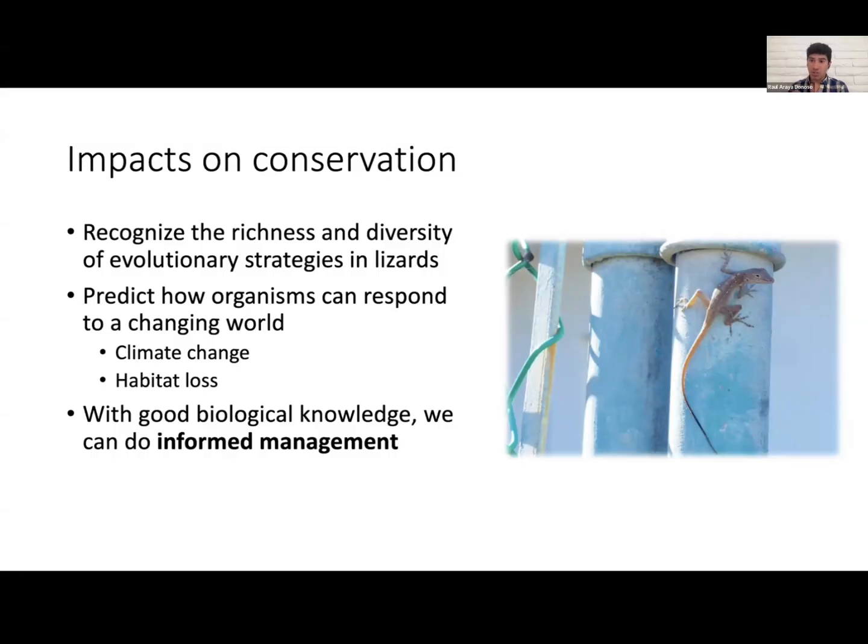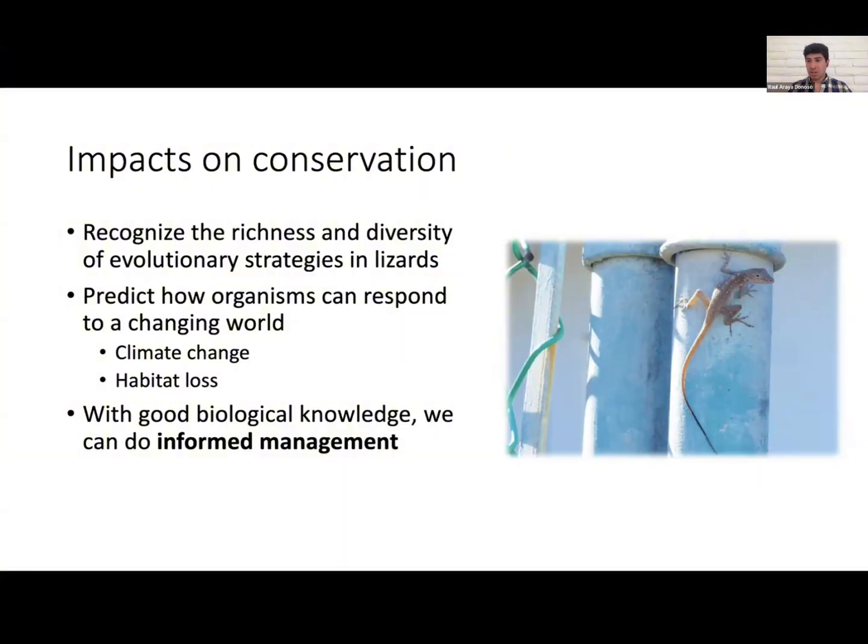If we are concerned about climate change or habitat loss for these species, if we understand how they have evolved, we can then have a better idea of how they will respond to future changes in their environmental conditions. And I think this is important because with this good biological knowledge, we can do informed management.